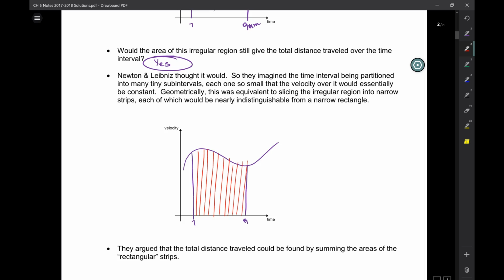Now, if I could find the area of each rectangle and add them up, would that give me a good approximation for the area underneath? Yes, it would. The point now is, how do I do that? There's millions of them. I drew a very small number of rectangles. Potentially, or ideally, you would draw an infinite number of rectangles. But that's how it would look.